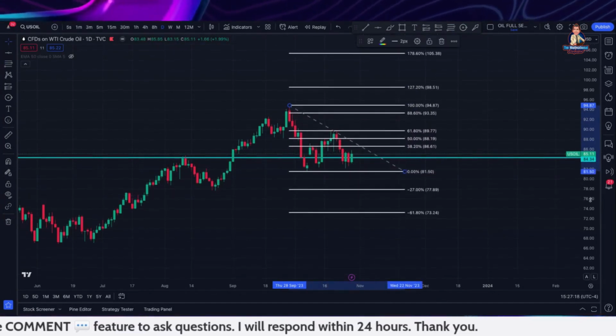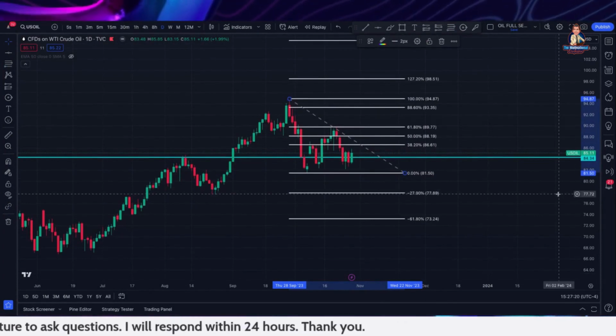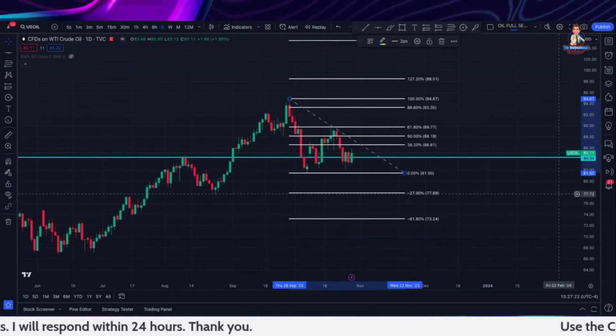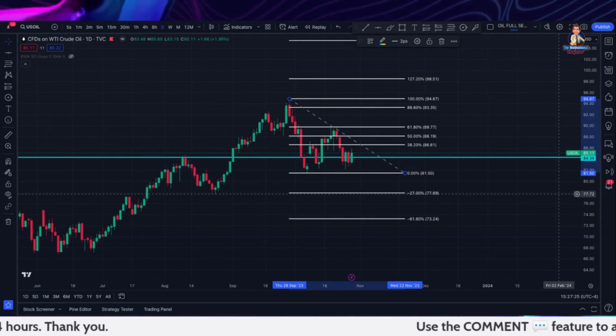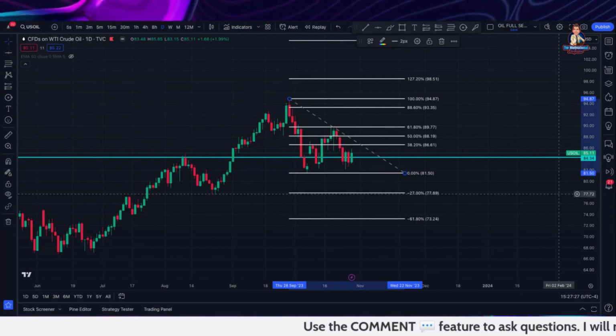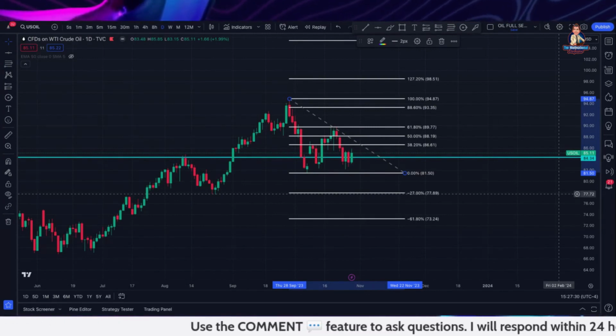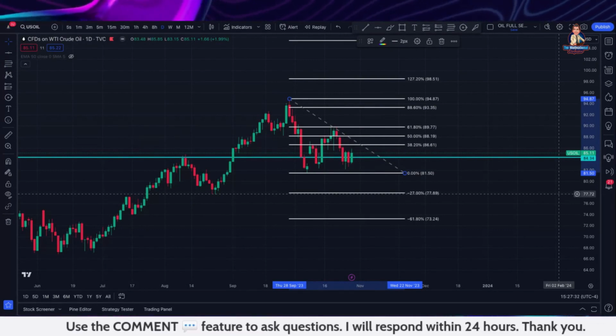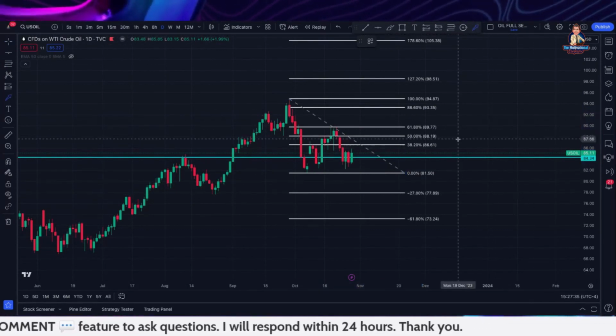Then we incorporate other factors, such as the Fibonacci levels that we use all the time. We had a perfect retracement back down, a perfect rejection off that 61.8 Fibonacci level, and this is currently where we are at.